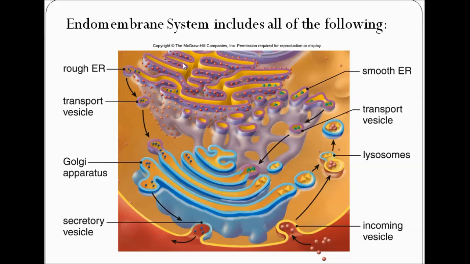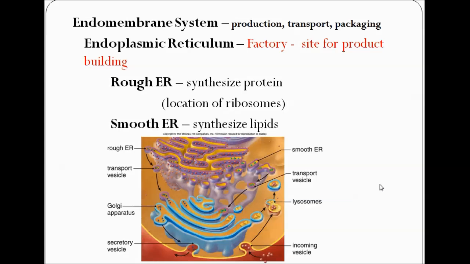It is going to include all of these things: the rough endoplasmic reticulum, and the ribosomes where proteins are made, and then they get in these transport vessels and move over to the Golgi apparatus, where they might modify them a little bit, add something to it, and then package it and ship it out wherever it's going to go, or get digested, whatever. All right, so you've got kind of an idea on that. So the endomembrane system is all of that stuff together.